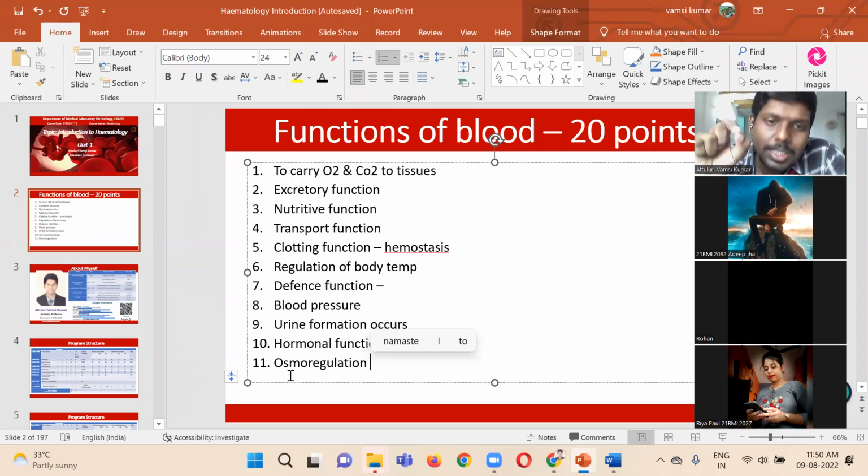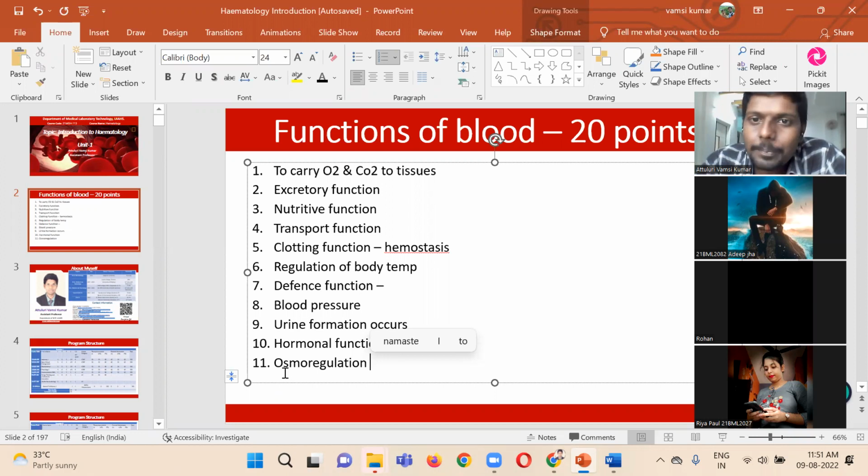All these fluids will be in their optimum state if the electrolytes are in their normal state. So electrolyte balance is directly regulated by blood, which is osmoregulation. These electrolytes will facilitate osmolarity, and osmoregulation is one of the important functions of blood.